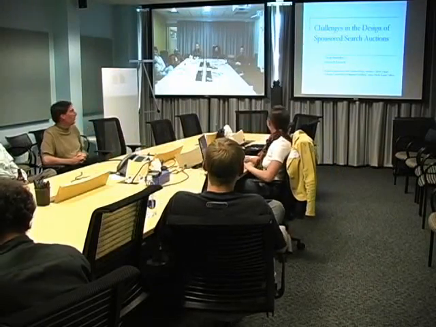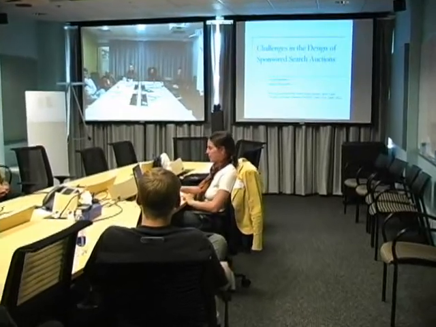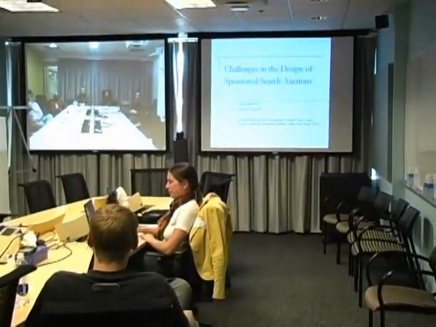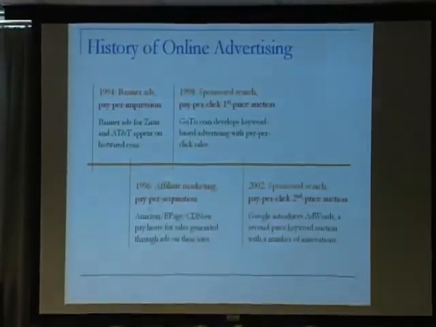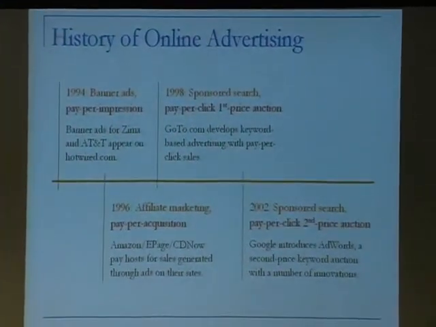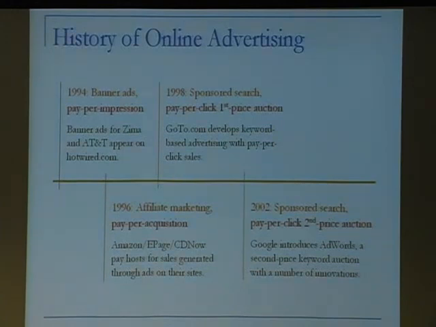Okay. So I'm going to be talking about the challenges in the design of sponsored search auctions. In 1994, we saw the first online advertising in banner ads for Zima and AT&T, and they appeared on hotwire.com. They were sold in a pay-per-impressions system, and they were quite successful in bringing the idea of monetization to online services.